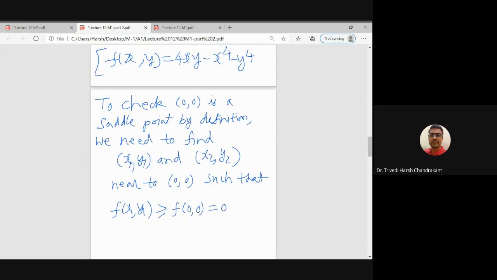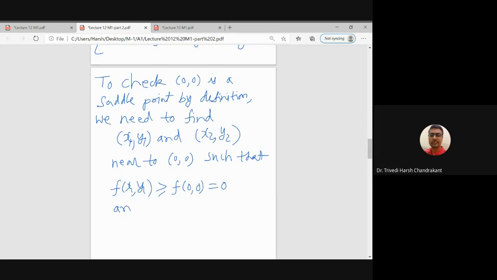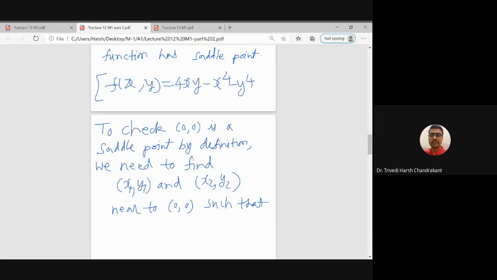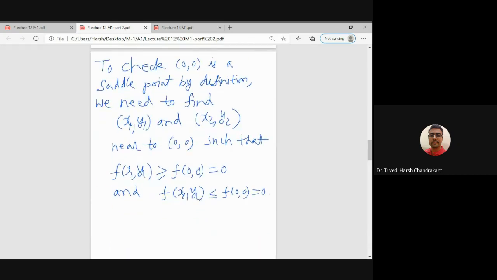On the other hand, we want the other value to be less than or equal to 0. So we need points such that at one point the value of the function is greater than or equal to 0, and at the other point (x2, y2) the value is less than or equal to 0.